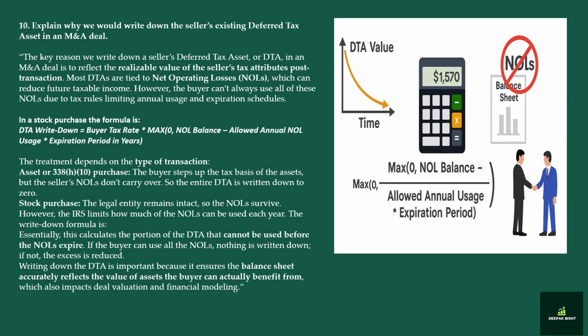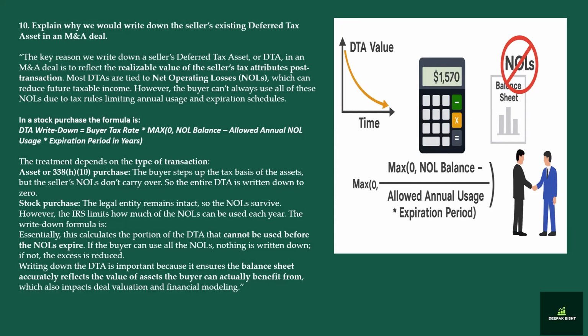This is one of those areas that frequently confuses even advanced analysts because it sits right at the intersection of tax law and purchase accounting. Purchase accounting is actually IFRS 3 and tax laws are ASC 805. So let's talk about it carefully.